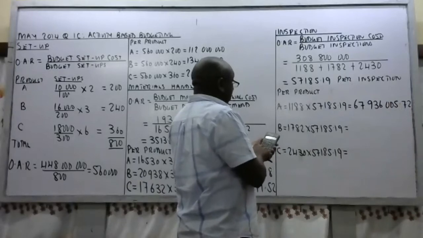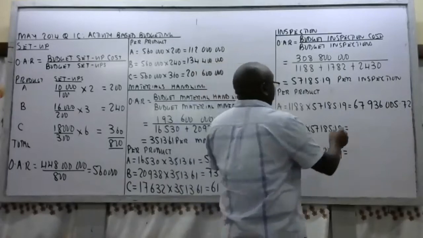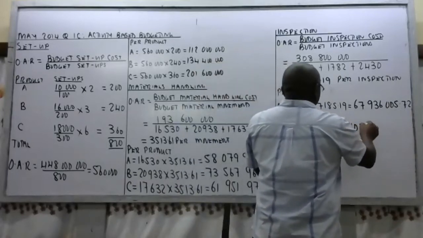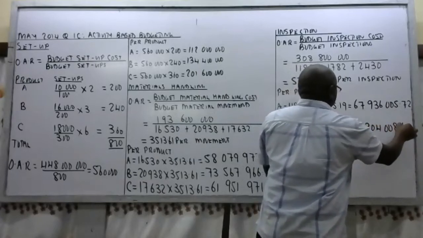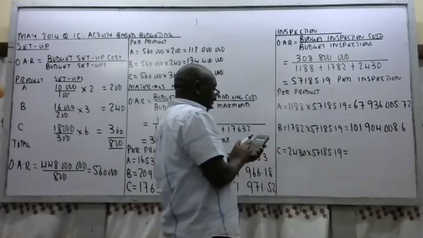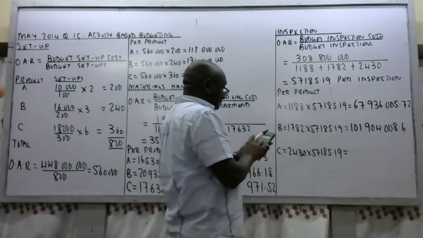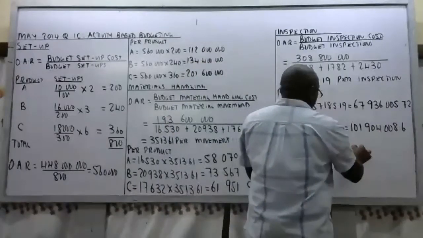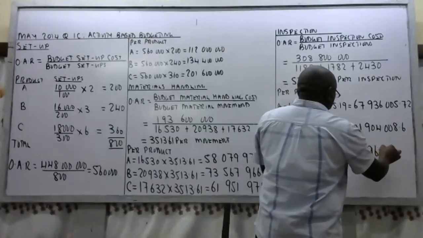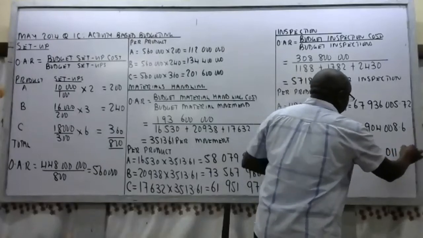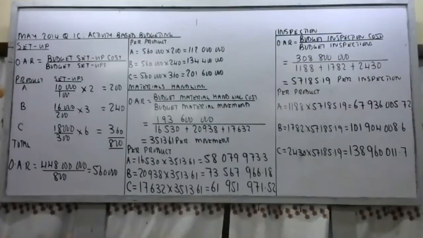1782 times 57,185.19 is 101,904,008.6. 2430 times 57,185.19 is 138,960,011.7. Yeah, 67, 101, 138.